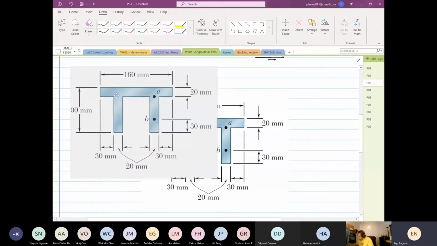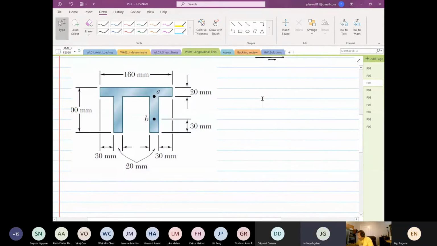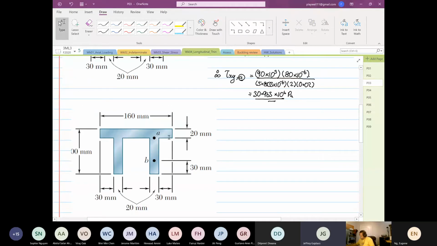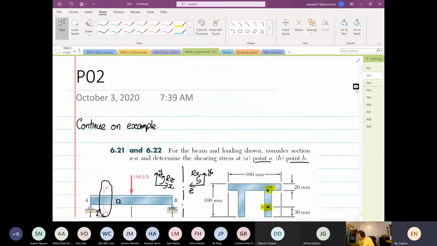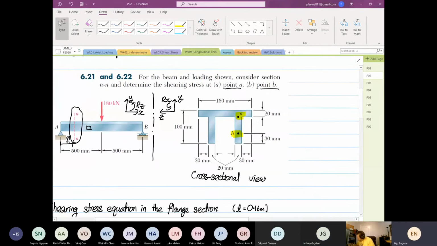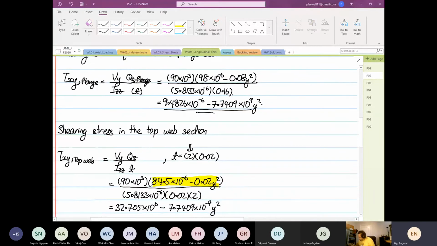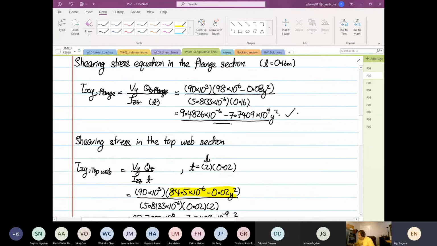Eugene, just before we go on, I do have one question though. Yes. So if point A were up somewhere in the flange. Ah, yeah, I like that question. If point A is here, then the equation you have to use is the flange equation. Make sense?